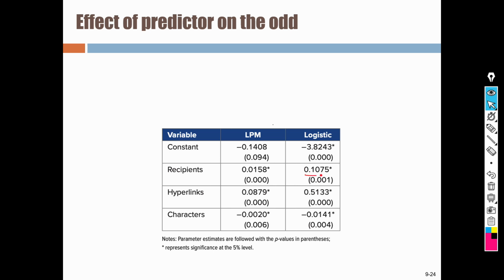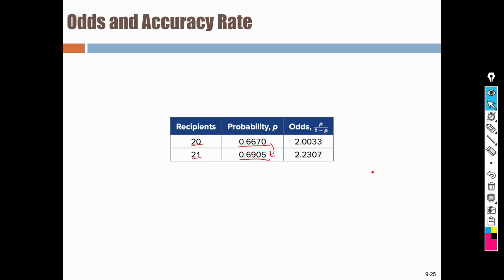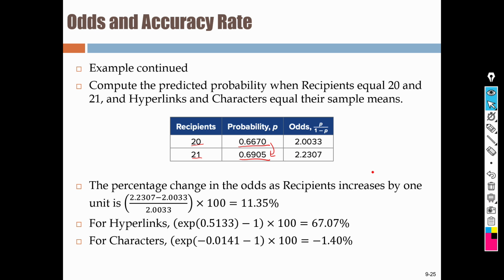B is this one, right? This times 100 is about 10%. In terms of the odds, not the probability, this is about a 10% increase, right? Exactly, it's about 11, but roughly 10%.